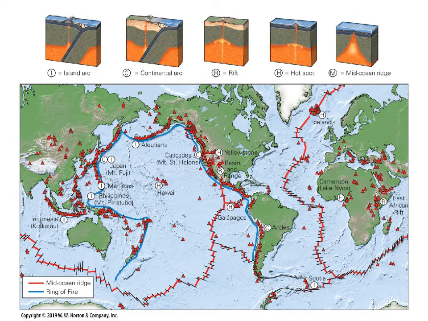So for example, the big composite Mount Fuji is over here and it's labeled with C and I, and that's because Japan is one of these funny places where there's been so much island arc magmatism that we've actually created new continental crust there.